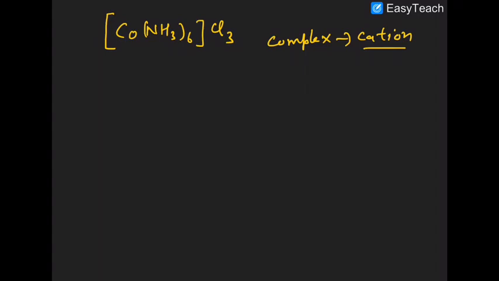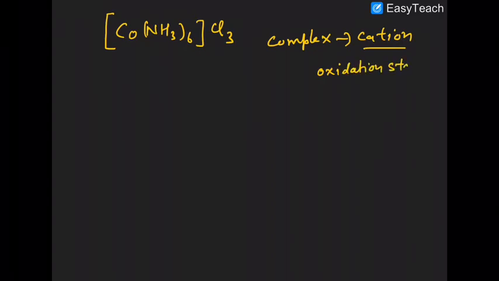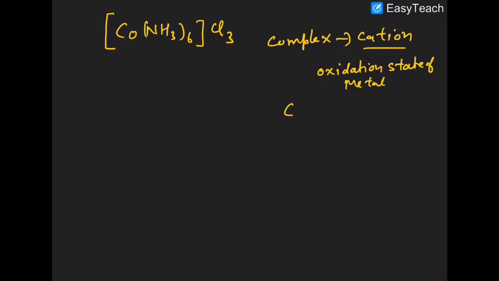So first you will name the complex, then you will name the anion. First find out the oxidation state of the metal. Cobalt's oxidation state you have to find out.